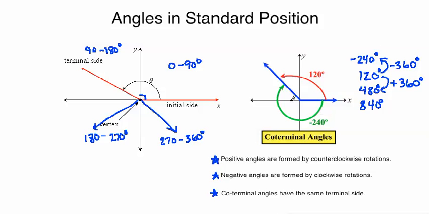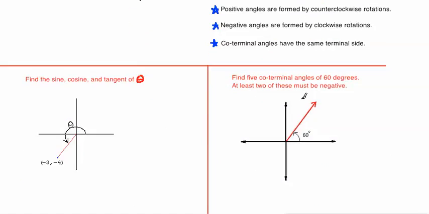And as you see in this diagram, negative 240 degrees is in the same spot, the terminal side is in the same spot as positive 120 degrees. And you can keep going down, keep subtracting, so minus 360, negative 600. All of these angles will have the same sine, cosine, and tangent because the same triangle will be formed.